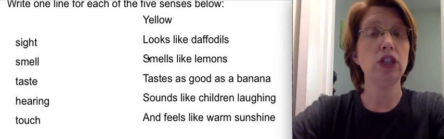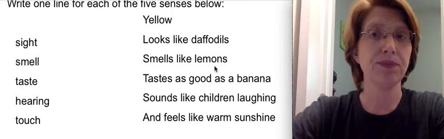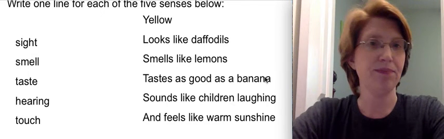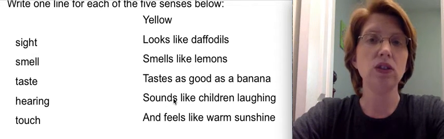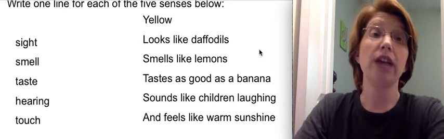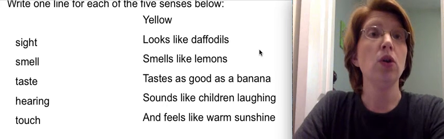Smell. So what does yellow smell like? Smells like lemons. What does it taste like? Taste as good as a banana. What does it sound like? Sounds like children laughing. And that was very creative, wasn't it? Because yellow, that's difficult. So what do you think?